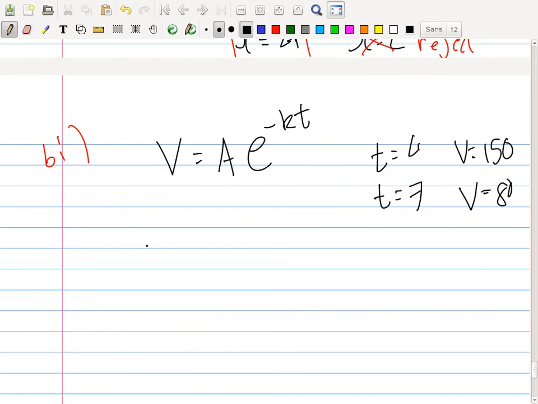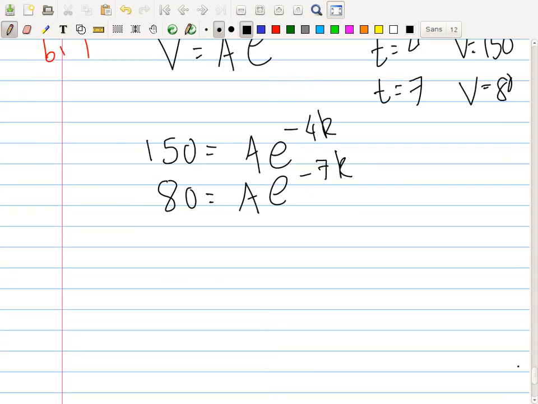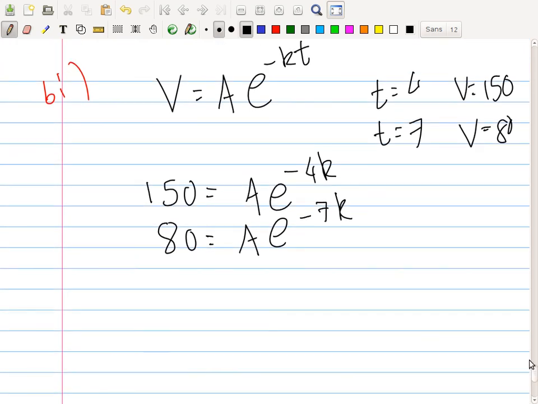So I get 150 equals A e to the minus 4k, and then 80 equals A e to the minus 7k. Now, how many equations? 2. But how many unknowns? 2.